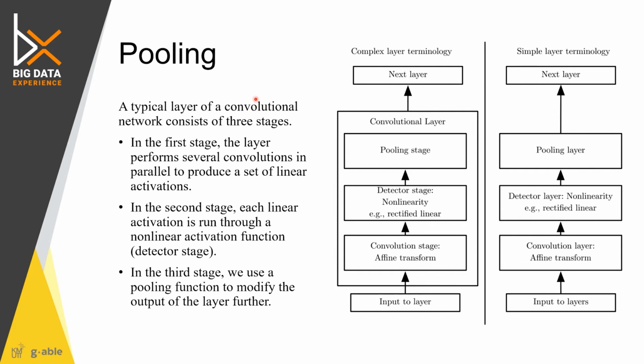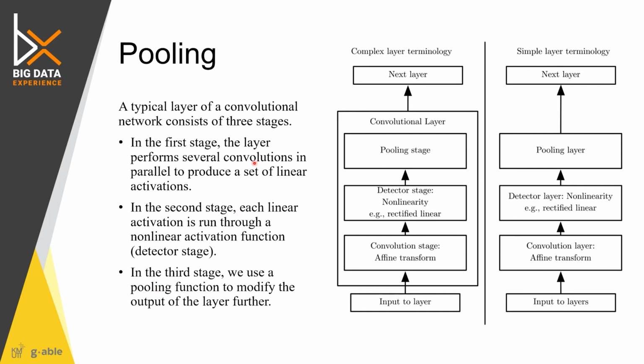In terms of processing in a convolutional network, the layer would perform convolution. After performing convolution, a certain activation function will be applied. This is the detector stage. Then at last, the pooling function will be used to reduce the dimension of the image.